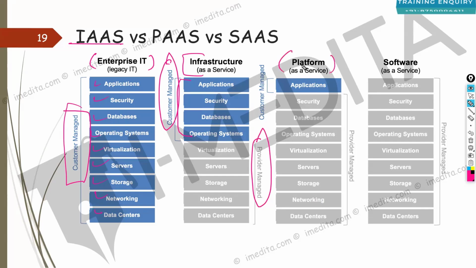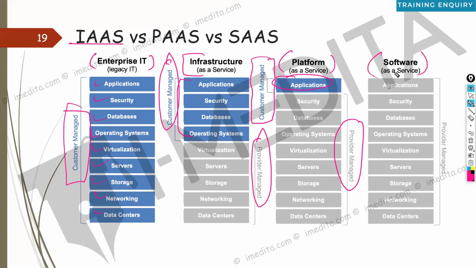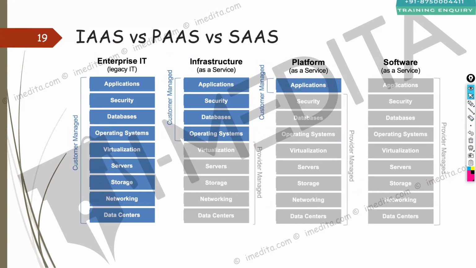Next, a term came: platform as a service. In it, only the application is managed by the customer. The rest of the things are managed by the provider. Now we have a term, software as a service, where application to data center, everything is managed by the providers. You just have to upload your data. Got it? Now it means you don't have control over anything. You will just add data here.